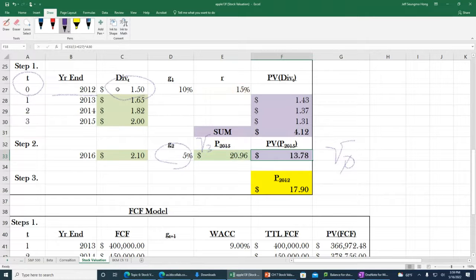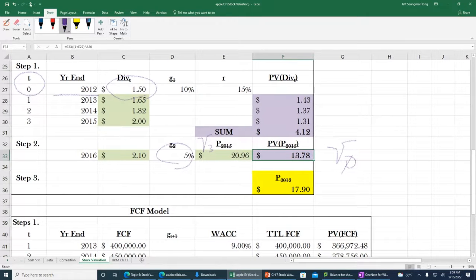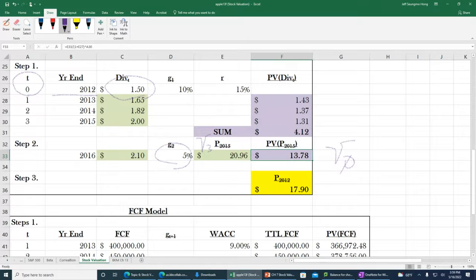That's it. And then we have the present value of all the dividends for the next 3 years. This is the present value. So you add them up, and then you come to 1790.